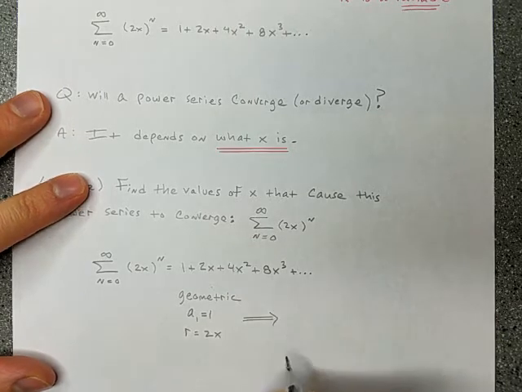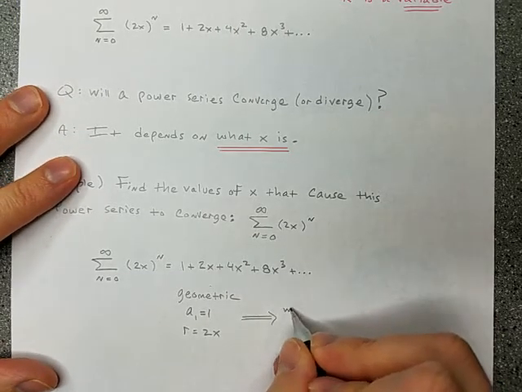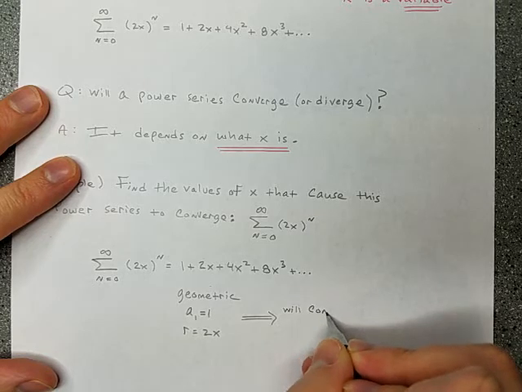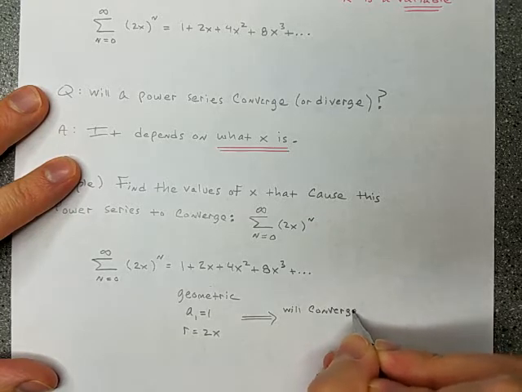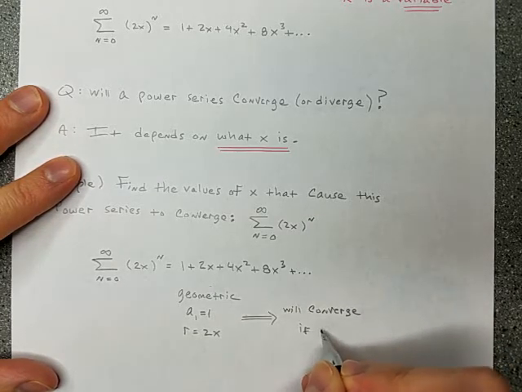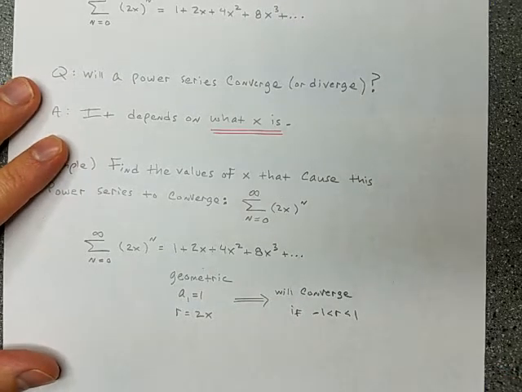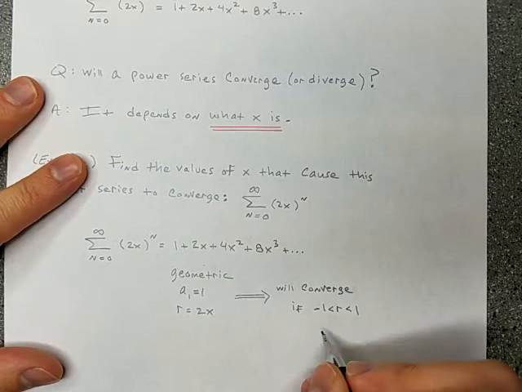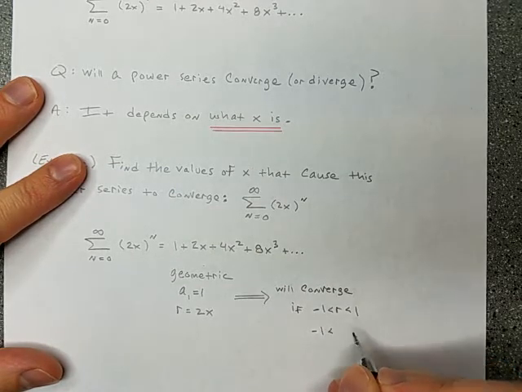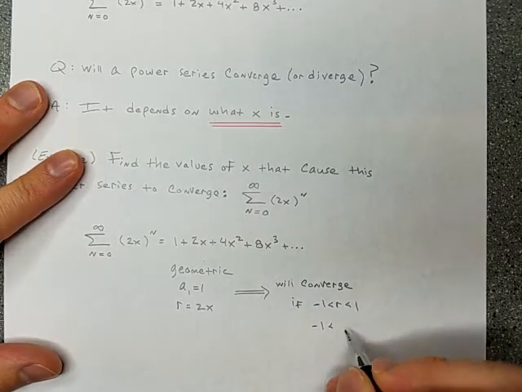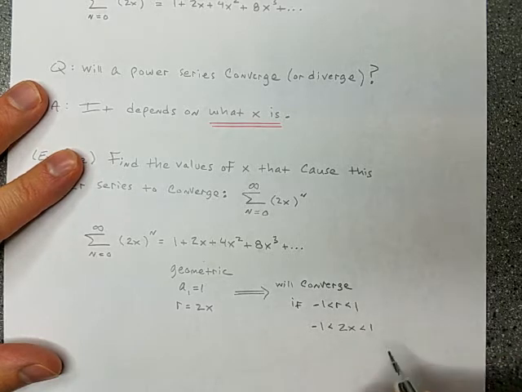Okay? Now, in that case, if it's geometric, then I know conditions on convergence, right? A geometric series in general will converge if r is between -1 and 1, if the common ratio is between -1 and 1. For this problem, that equates to 2x being between -1 and 1.